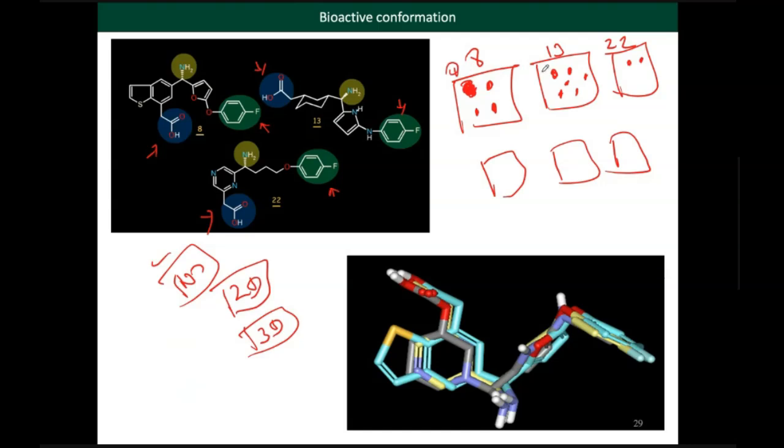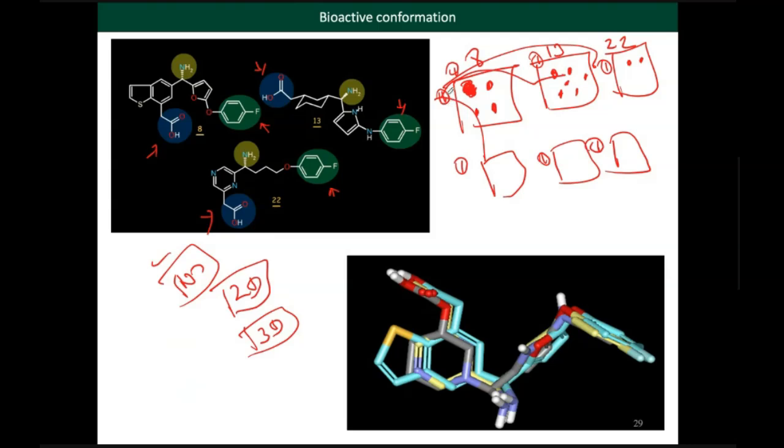The first conformation of this is superimposed with the first of this, with the first of this, and so on. Then the first of this molecule is superimposed with the second of this, second of this, and so on. In all possible conformations, we have to superimpose all the molecules.